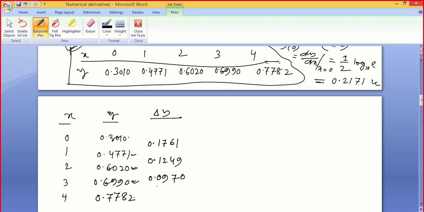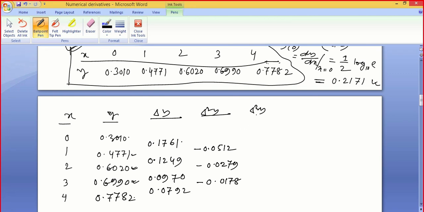Subtract this one from this: 0.0792. Second difference: subtract this one from this, it will be minus 0.0512 because this is greater. This is again minus 0.0279. This is again minus 0.0178. Isn't it? You just verify.